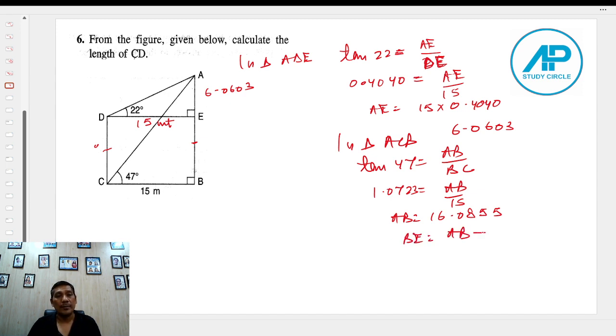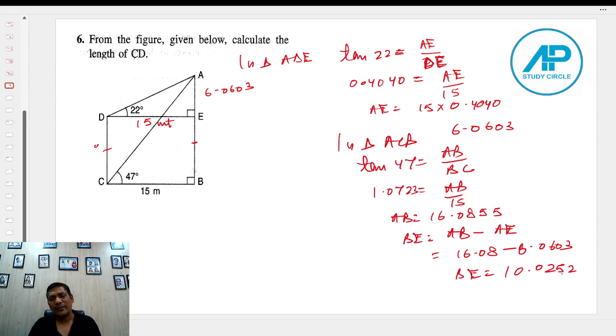So the value of BE equals AB minus AE, that is 16.08 minus 6.0603. So subtract 6.0603, got the answer: BE equals 10.0252 meters.